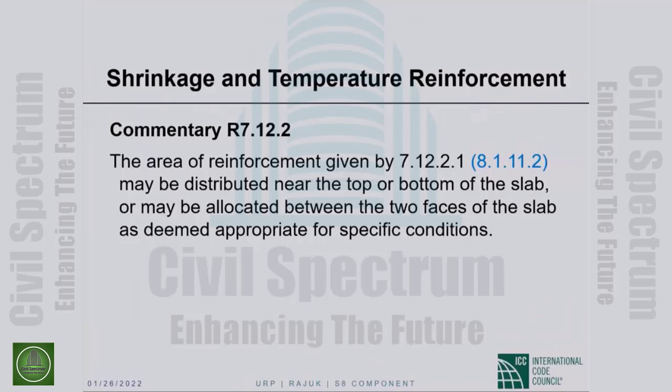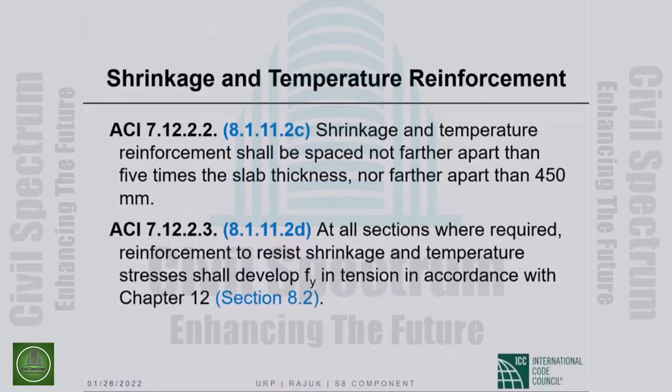So you will typically put it at the two faces. So it may be distributed near the top or bottom of the slab, or may be allocated between the two faces of the slab as deemed appropriate. You will not put it in the middle.